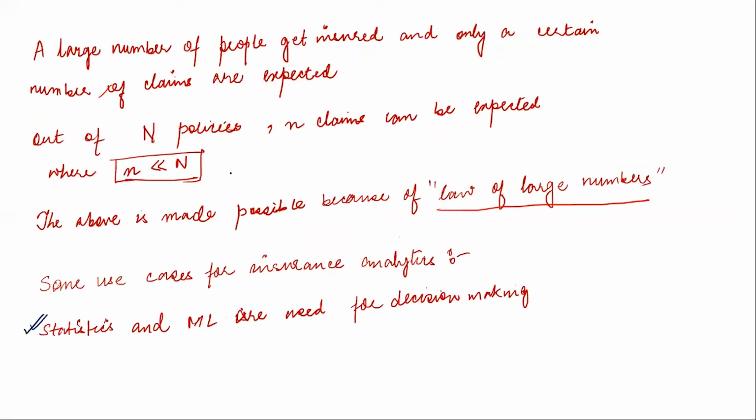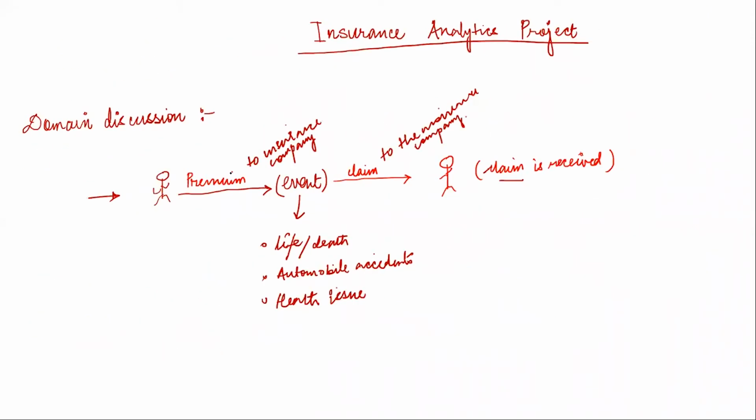So when you think about risk, right? Let me just add a note here. The difference between banking and insurance. So in case of say risk, in banking, the risk is when people don't pay back the money.